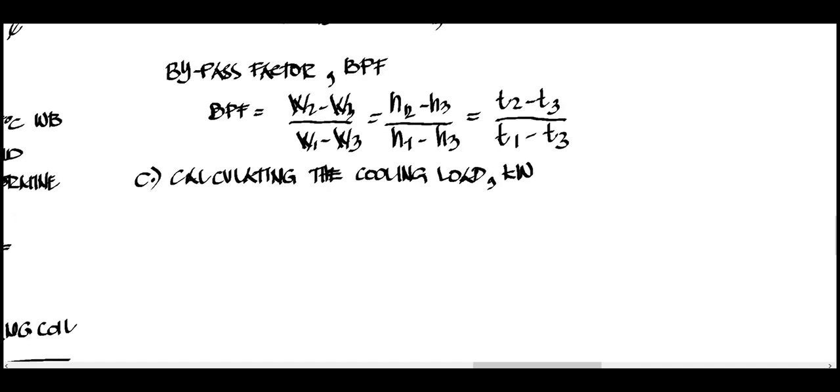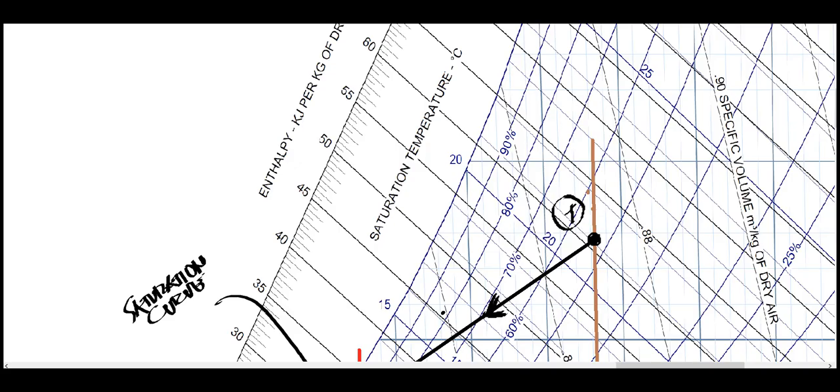Now calculating the cooling load. So we have your equation again. That will be the mass flow rate times the change in enthalpy 1 to 2. So let's find the value of enthalpy 1 and enthalpy 2 first.